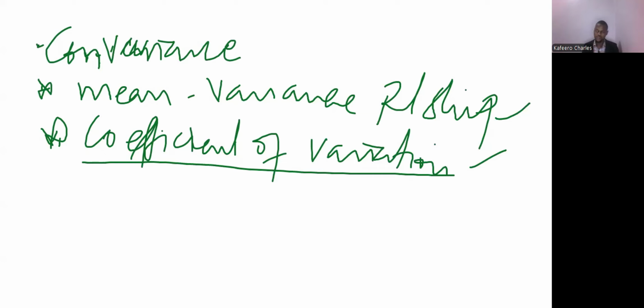And the coefficient of variation looks at that investment project that has the lowest coefficient of variation.